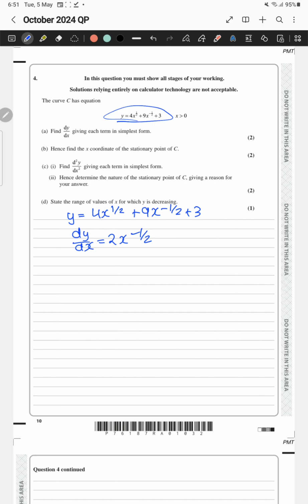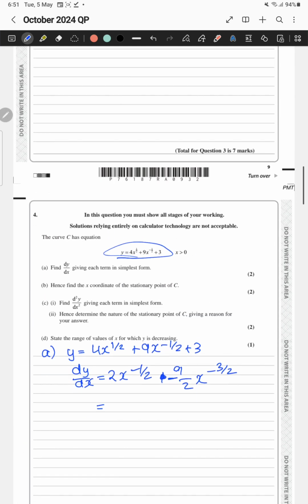Then 9 times a half minus a half is going to be minus 9 over 2 x to the power of minus a half minus 1, which is minus 3 over 2. Now here's our dy over dx in the simplest form. That's our part A done.